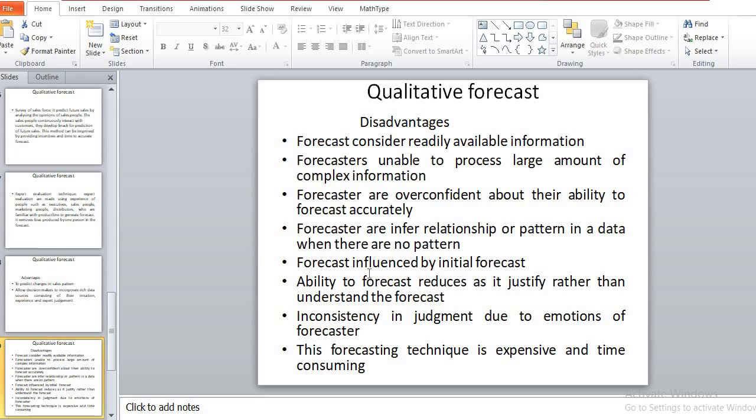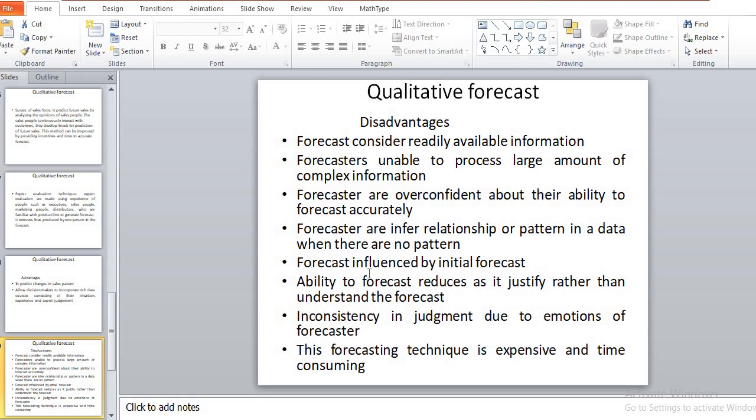And what are the disadvantages? This forecasting considers readily available information, and we cannot process complex information in this particular forecasting method.